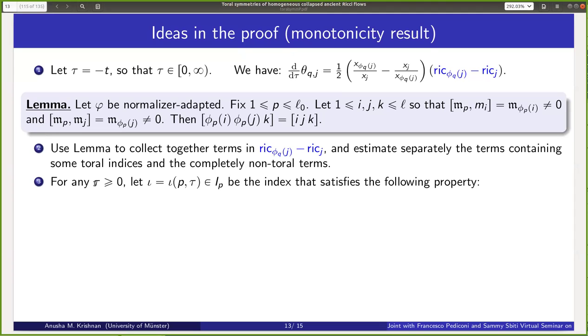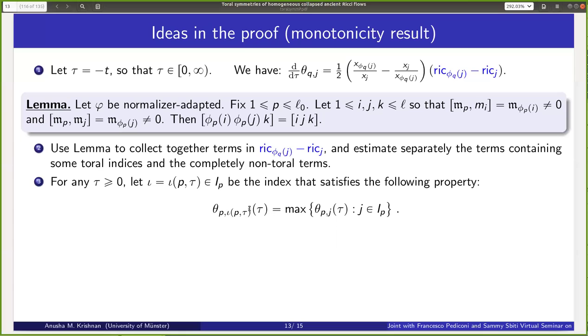So for any tau non-negative, we define iota, which depends on P and on tau, to be the index that satisfies the following property. It's the index for which theta P iota is the maximum amongst all the theta pj's.